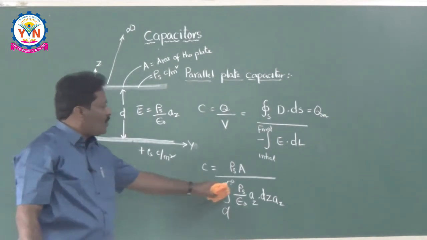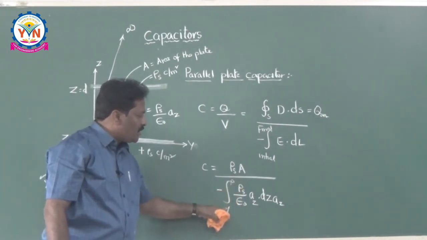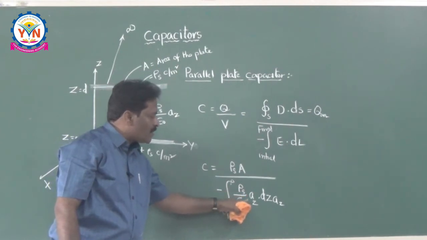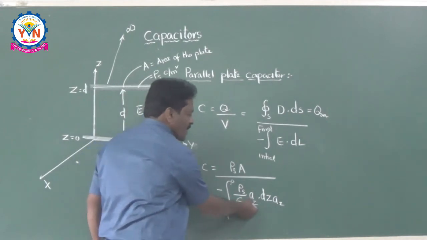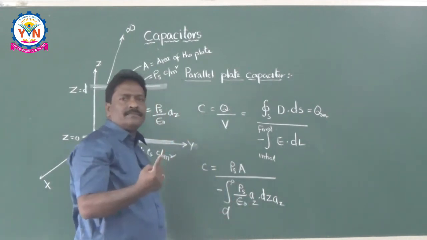Therefore, C is equal to epsilon A by integral d to 0 of rho s by epsilon naught Az dot dz Az. So, from this, what is its value? Az dot Az becomes 1.